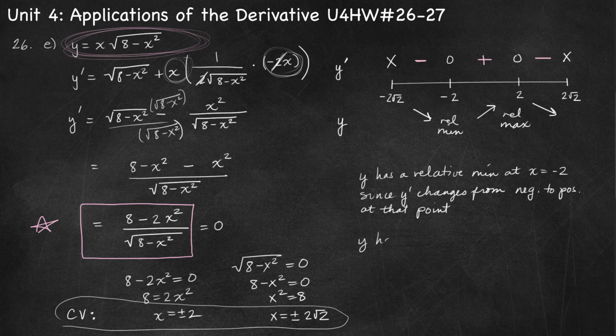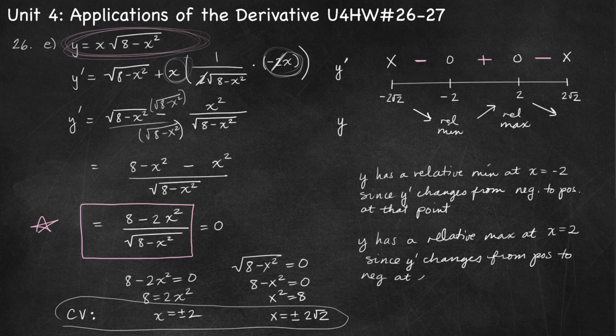And then y has a relative max at x equals 2 since y prime changes from positive to negative at that point.